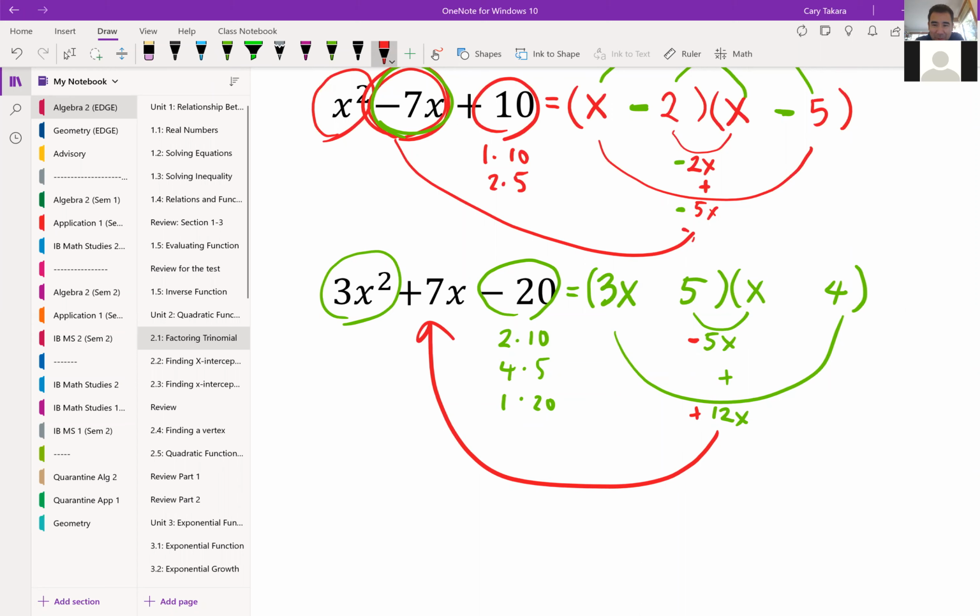So we found the combination. It's negative 5 and positive 4. Again, just to double check, 3x times x is 3x squared. Negative 5 times 4 is negative 20. So it fits. Okay, everything fits.